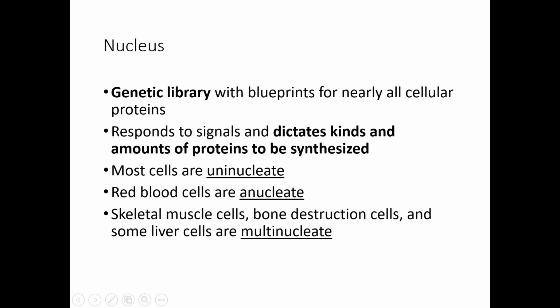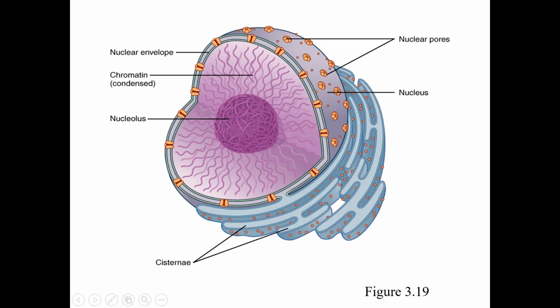Red blood cells do not have any nucleus, and they are called anucleate. Some cells, like skeletal muscle cells, bone destruction cells, are multinucleate because they have several nuclei. That is a general structure of the nucleus.